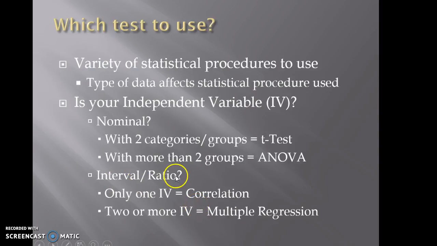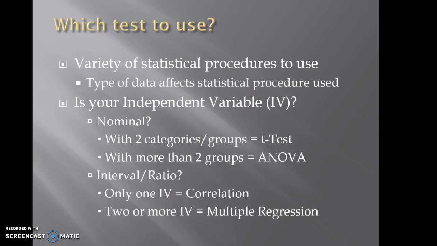But interval or ratio, so remember what these are. Interval means that there's equal space between each one. Ratio means you have a true zero. So sentence length would be a ratio. The best interval example is degrees, where 0 doesn't mean anything.